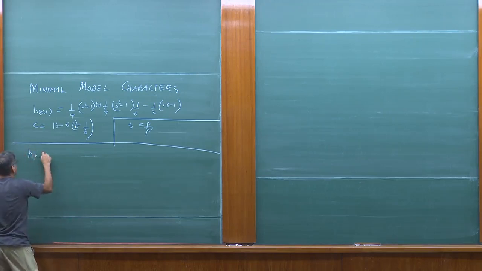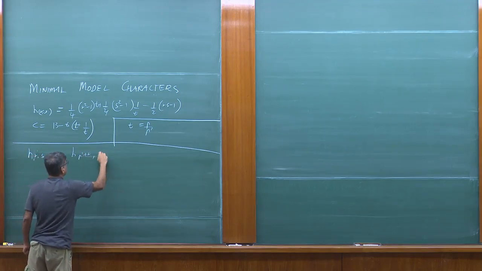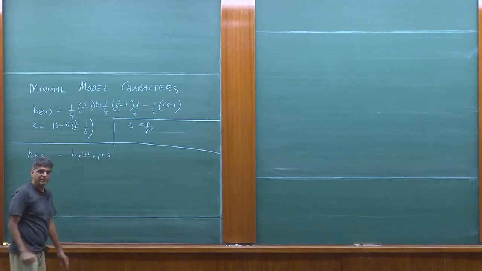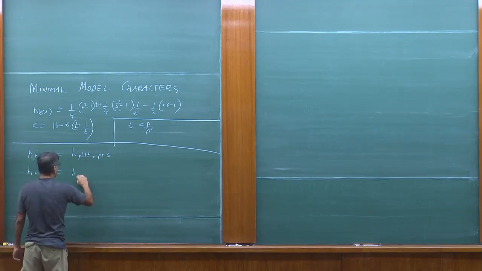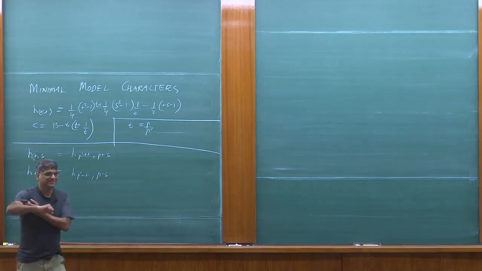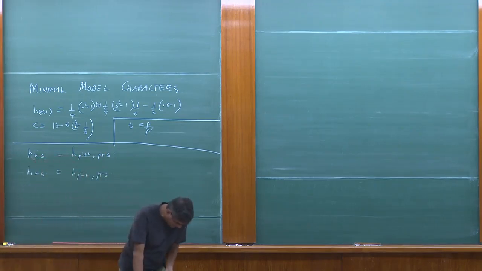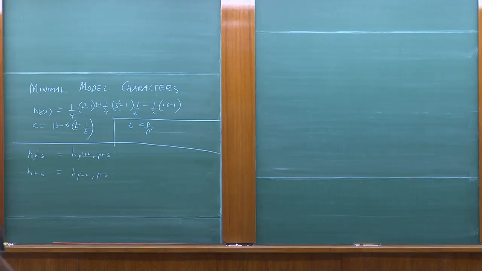So H(R,S) was equal to H(P prime plus R, P plus S). You also remember that H(R,S) was equal to H(P prime minus R, P minus S). And you remember that the characters themselves had null states, and that the null states themselves had null states.